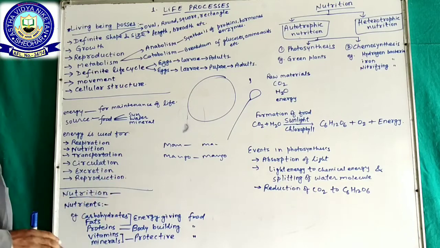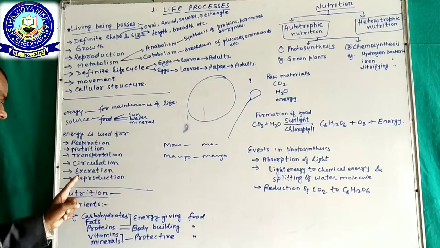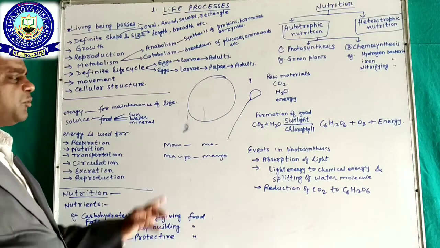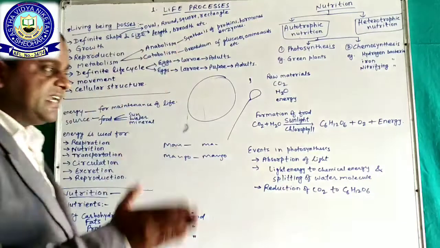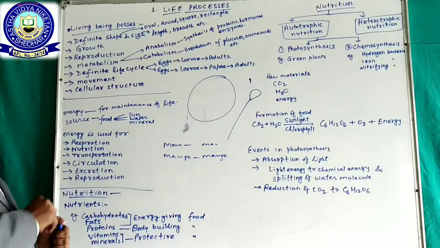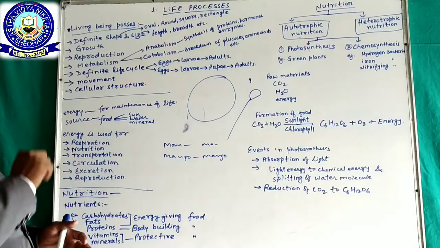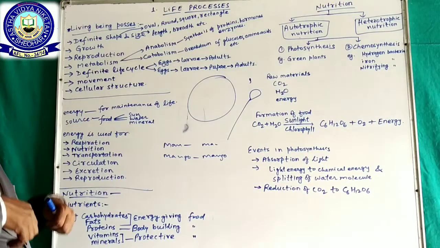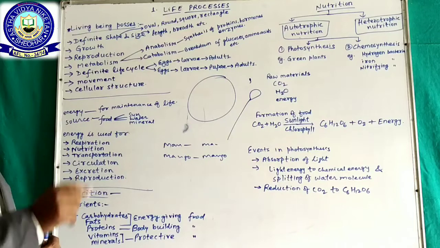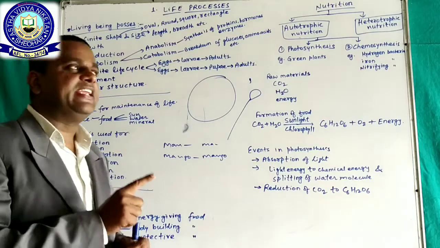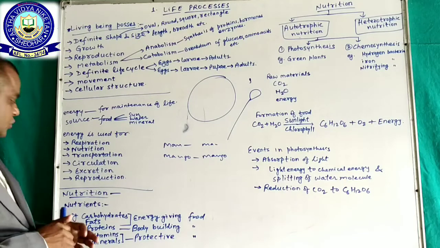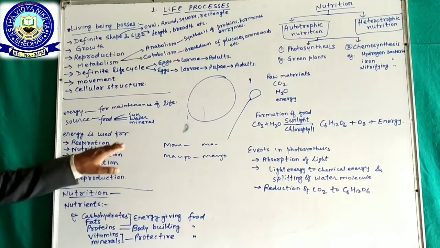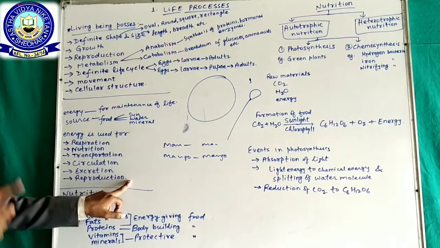There is an excretory organ responsible for the excretion. In this way, reproduction is to give a child of its own kind. Every organism, like plant, animal, I take one example: a lion gives birth to its own kind, not others. So for the maintenance of this we need energy.